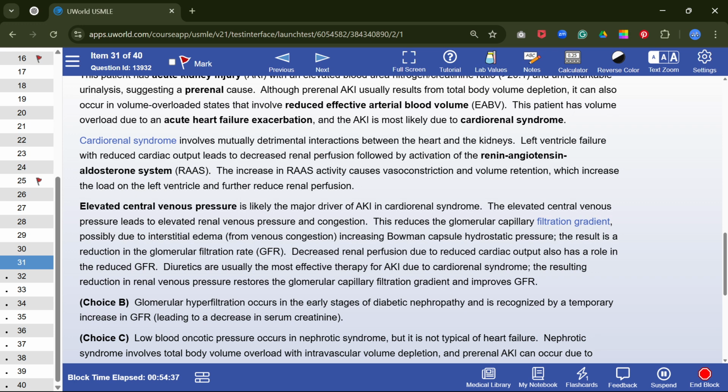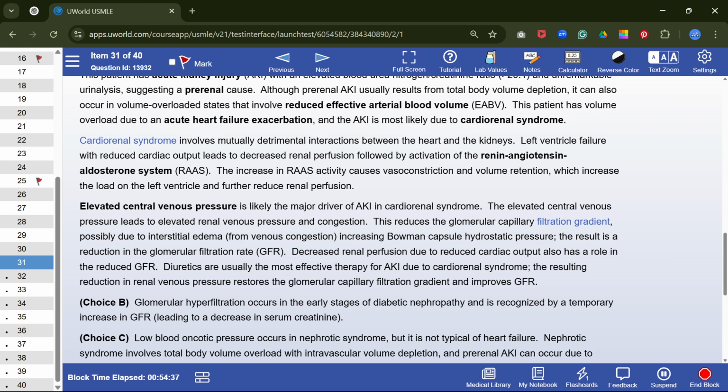The result is a reduction of the glomerular filtration rate. Decreased renal perfusion due to reduced cardiac output also has a role in reduced GFR. Diuretics are usually the most effective therapy for AKI due to cardiorenal syndrome. The resulting reduction in renal venous pressure restores the glomerular capillary filtration gradient and improves GFR.